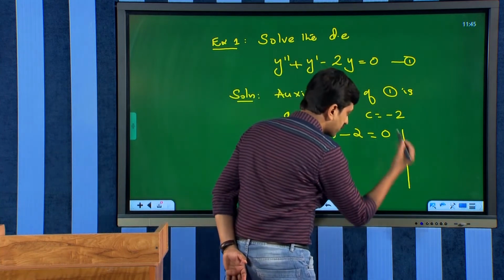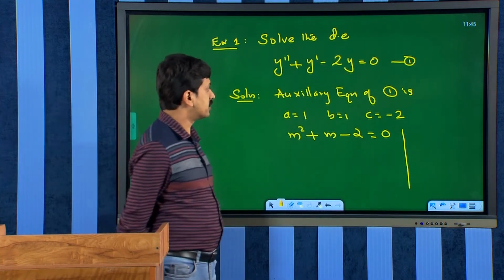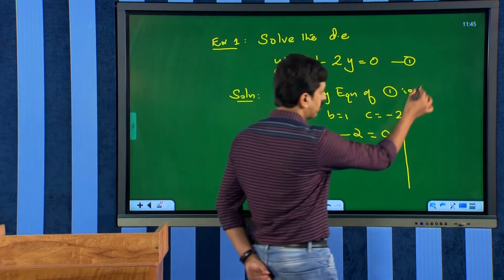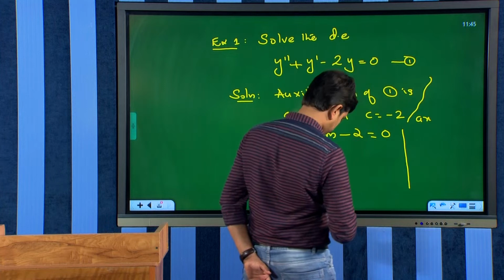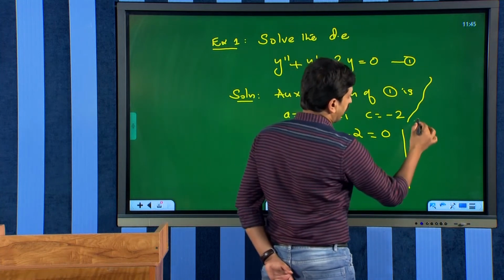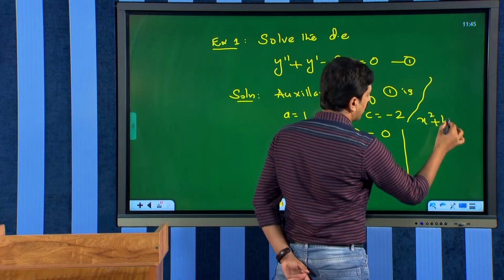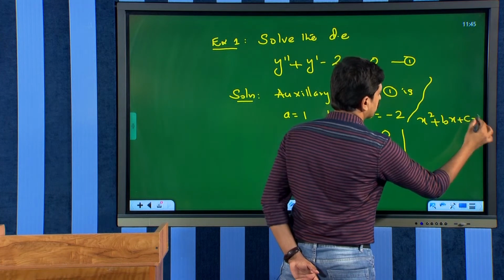For simplicity, I would like to consider this as evaluating a quadratic equation, x square plus bx plus c equal to 0.